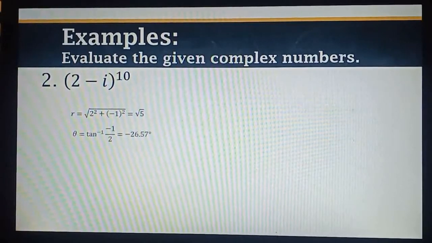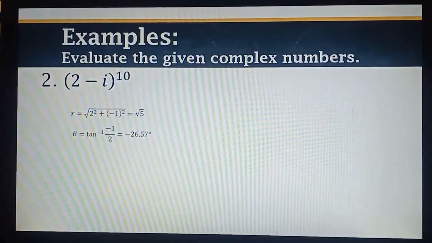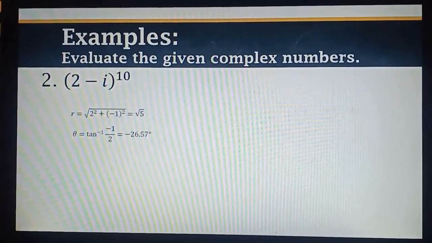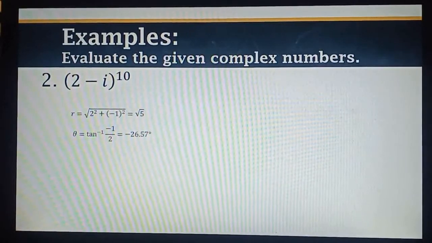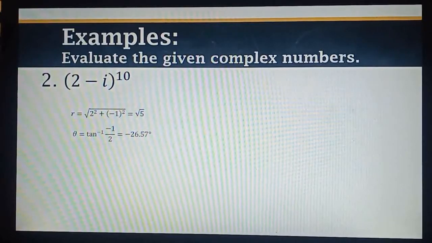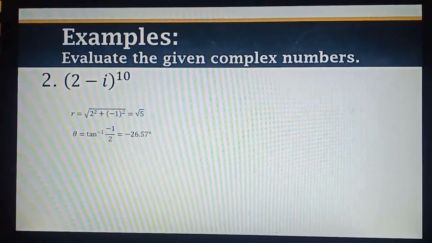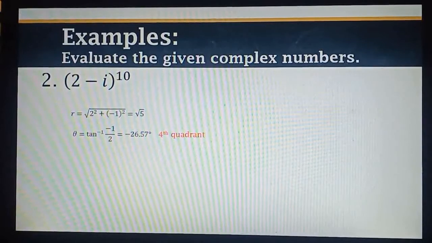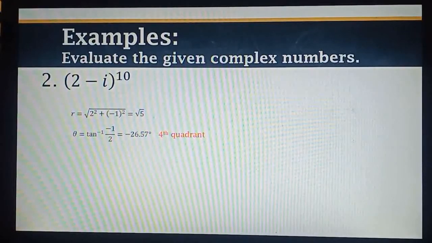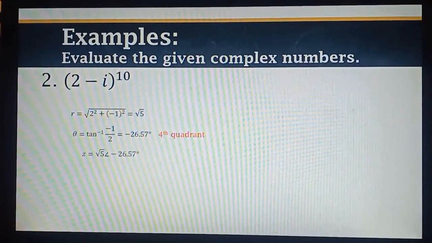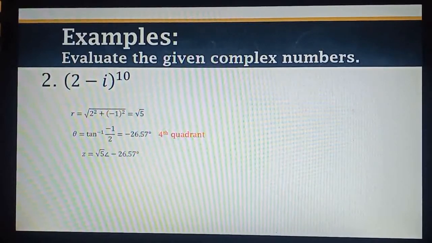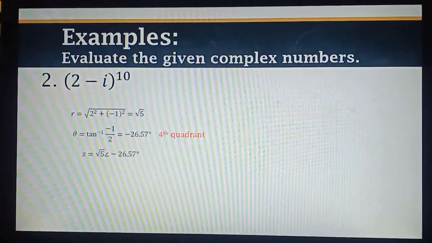Then theta is equivalent to the arctan of negative 1 over 2, which is negative 26.57. And the location of your negative 26.57 is the fourth quadrant. So the equivalent polar form of 2 minus i is the square root of 5 at angle negative 26.57.